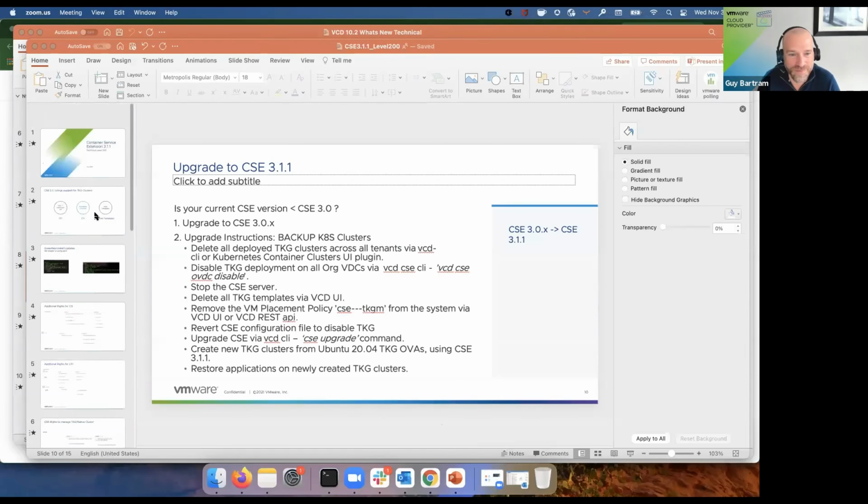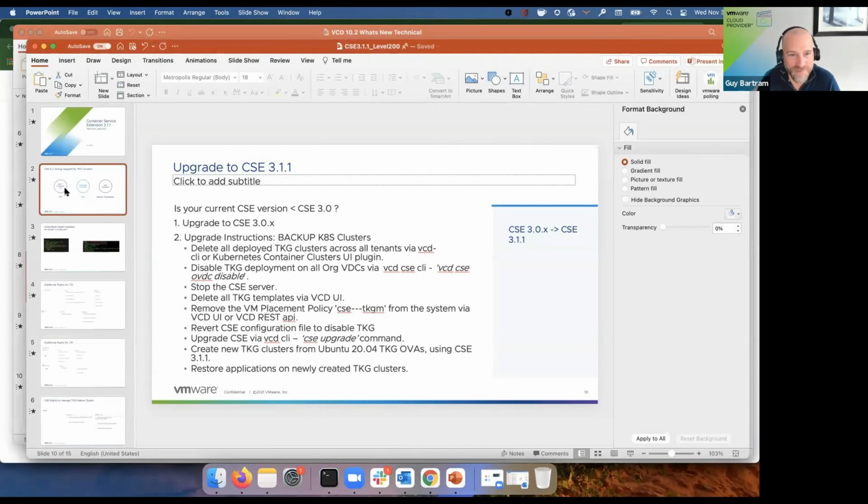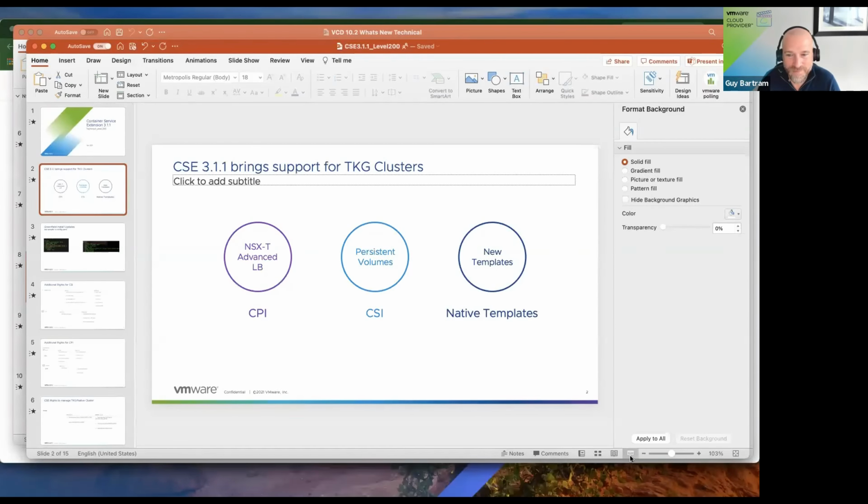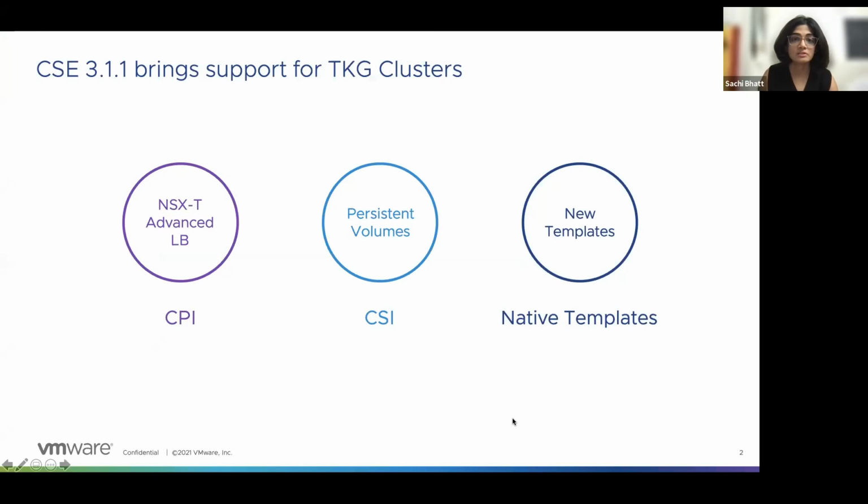All right, let's dive into it then. Sure. I have a couple of slides that I would like to cover. These are the three main introductions or new updates to CSE 3.1.1. CSE 3.1.1 will work with VMware Cloud Director release 10.3.1. And we are introducing two main plugins to automate storage and load balancing.